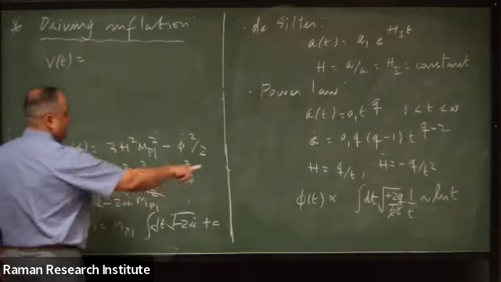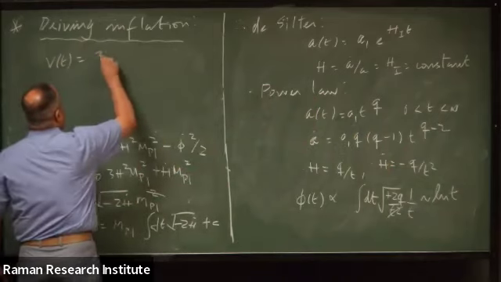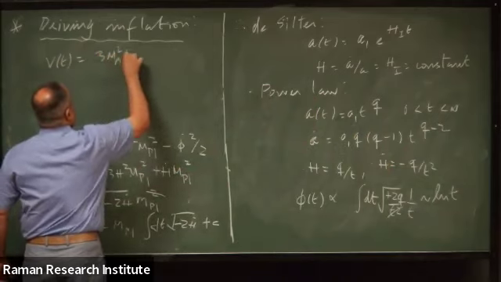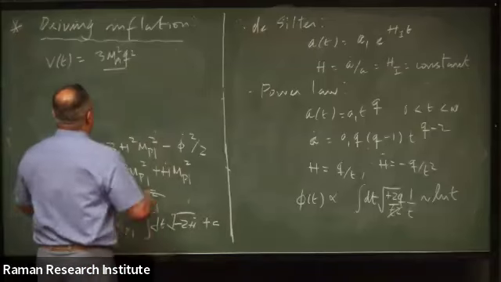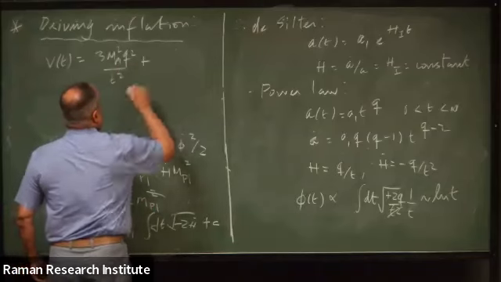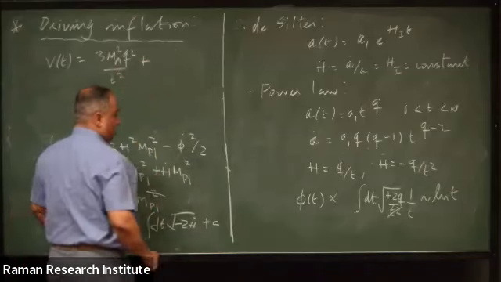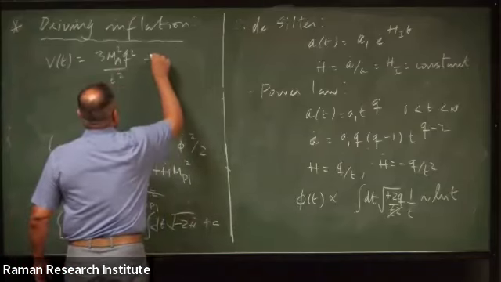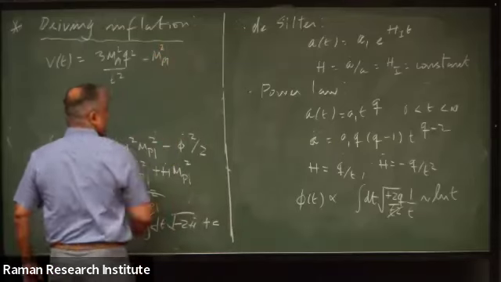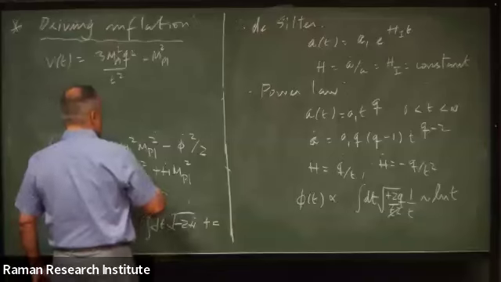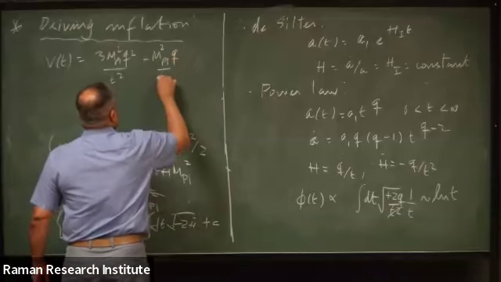3h squared MPL squared, that we have already calculated. It is 3 MPL squared Q squared by T squared plus MPL squared h dot, which is minus MPL squared Q by T squared.